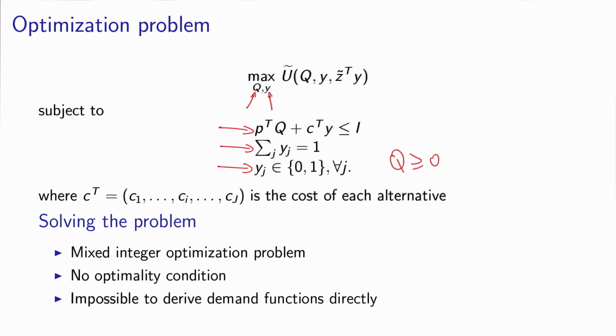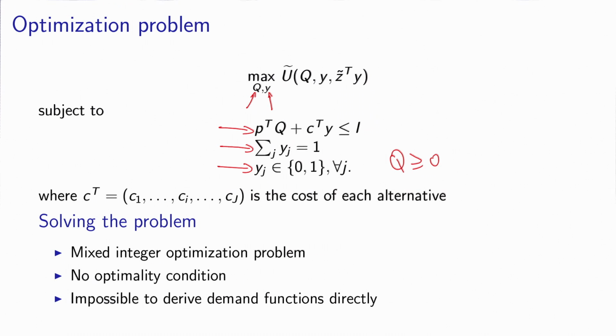This problem is more complicated than the previous one that we had for the continuous goods. It's called a mixed integer optimization problem. Integer because it involves integer variables. These are the y variables. And we call it mixed because it also includes continuous variables, the variables q. Such an optimization problem has no optimality condition. So we cannot do what we did in the case of the continuous goods.